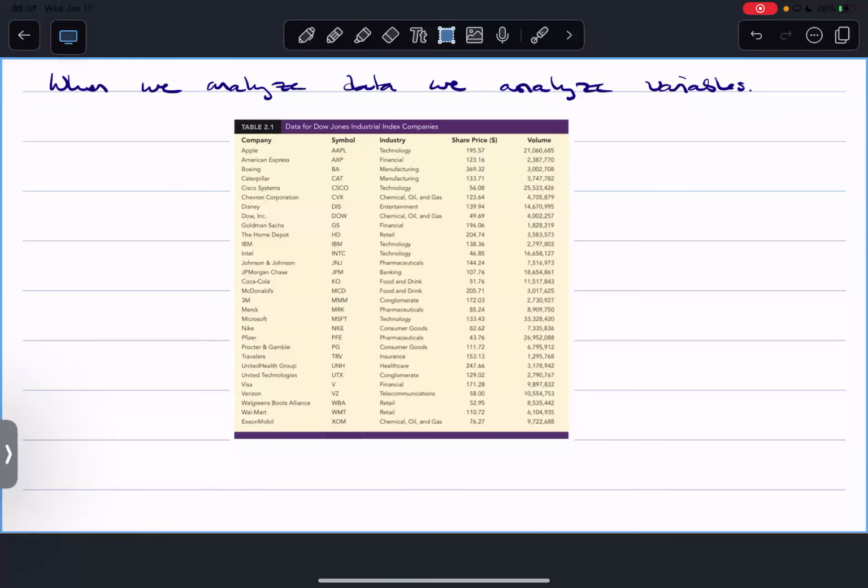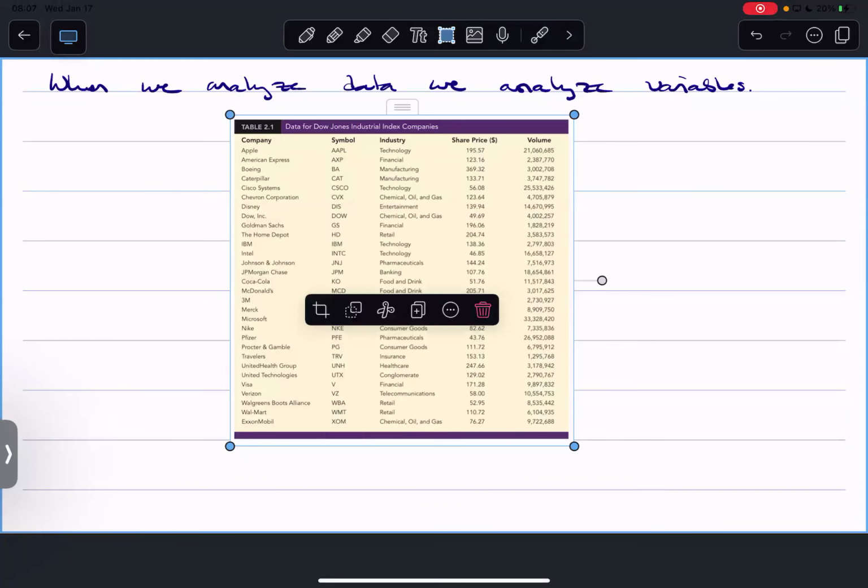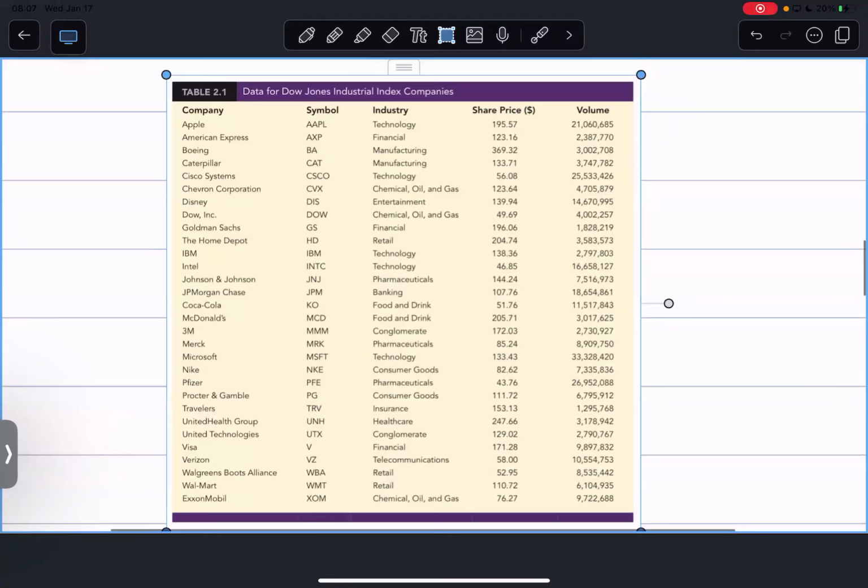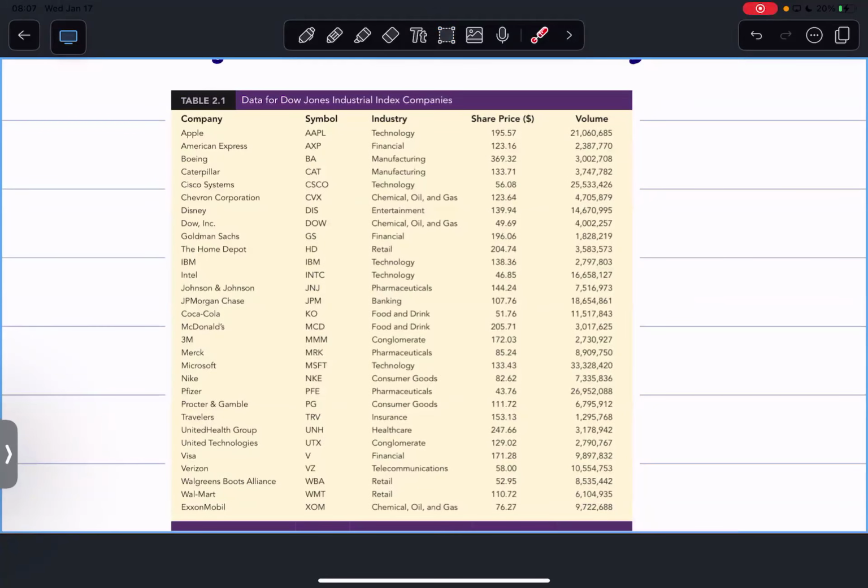It's very strange. So if we have a data set that looks like this, so we've got, I don't know, Dow Jones Industrial Index companies, so stocks, I guess, or some publicly traded thing.